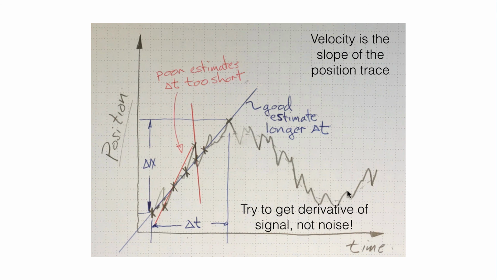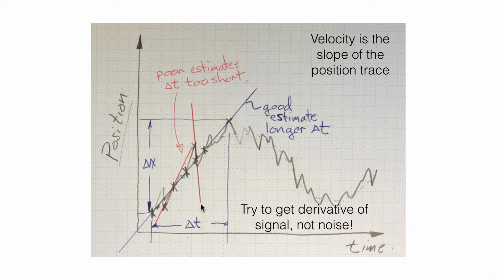We're getting a derivative there that's really a derivative of the noise. It could get even worse if the noise is going down this way between these 2 points. I could get a line that was not only the wrong magnitude, but totally the wrong direction.